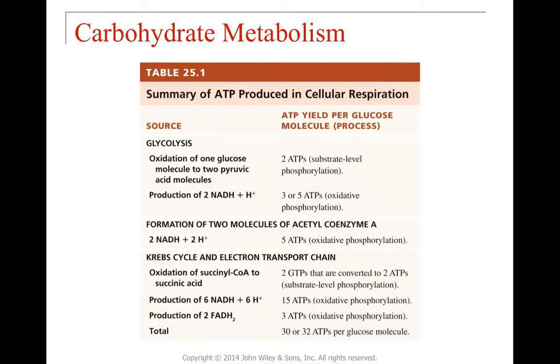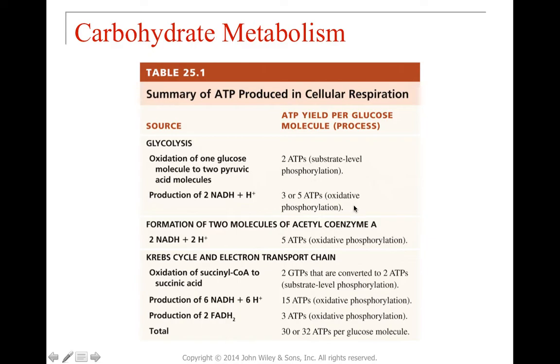This is an overview of everything that we just talked about in terms of the different steps, right? Glycolysis, acetyl coenzyme A creation, electron transport chain, Krebs cycle, etc., and their yields of ATP per molecule of glucose. And the yield obviously is overall, as we talked about glycolysis, the yield was actually, you get 4 at the end, right?